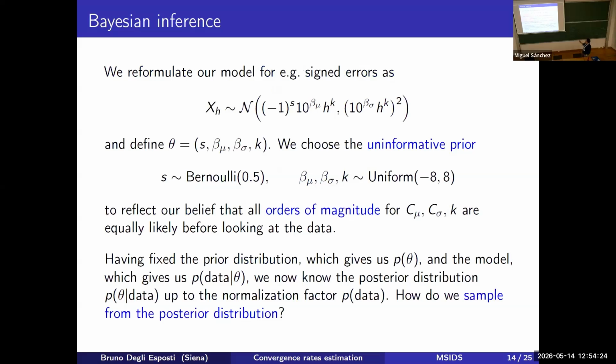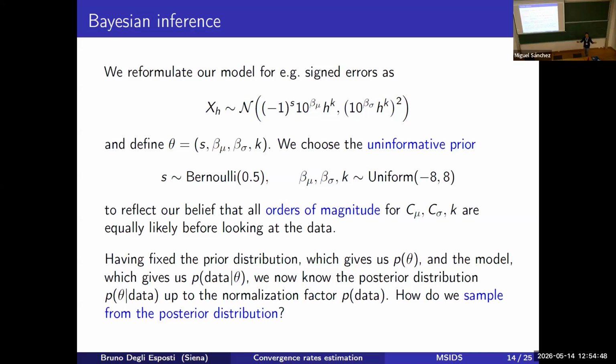And we reformulate the model like so, at least in the signed case, with this 10 to the beta mu instead of C mu. So what is going on here? Basically, in the Bayesian framework, we need to choose a prior, so a probability distribution before looking at the data.